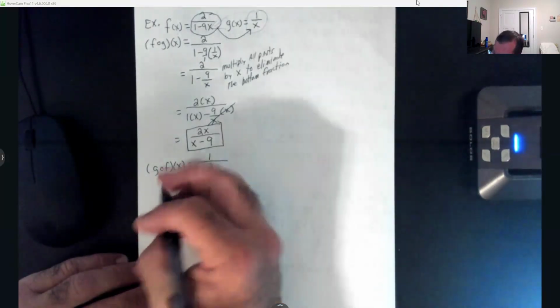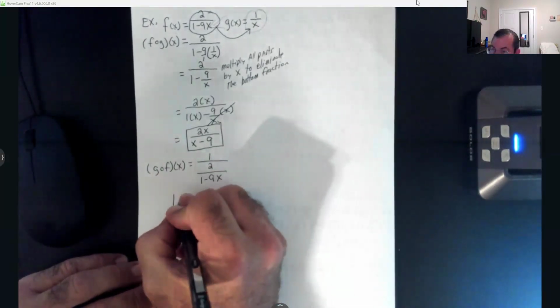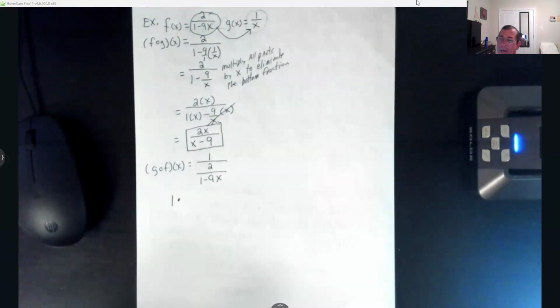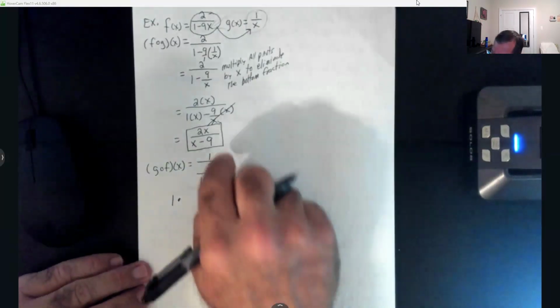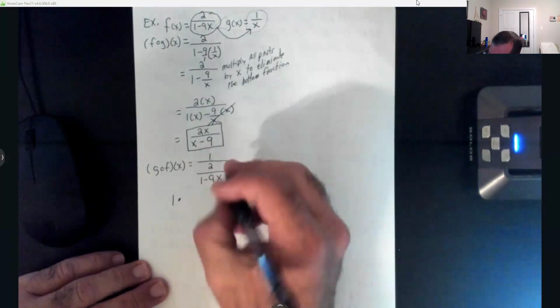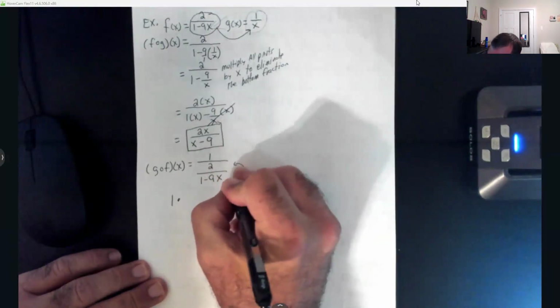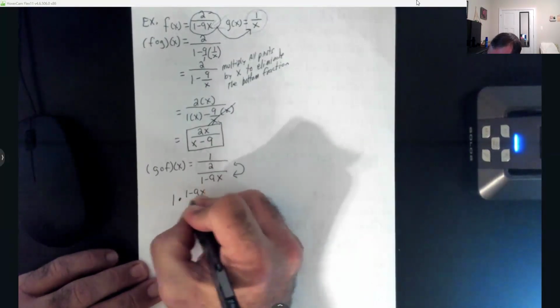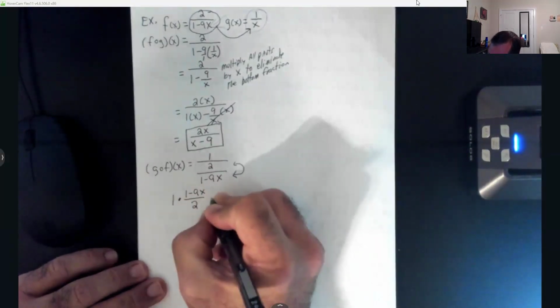I can change this division into multiplication and flip the bottom fraction, right? So 1 divided by 2 over that equals 1 times, and then you flip the fraction so that you get 1 minus 9x over 2.